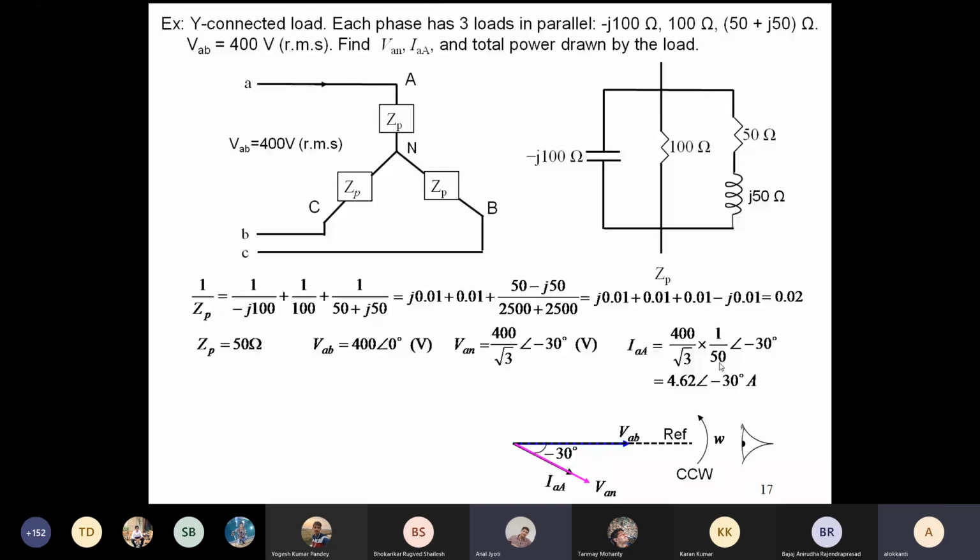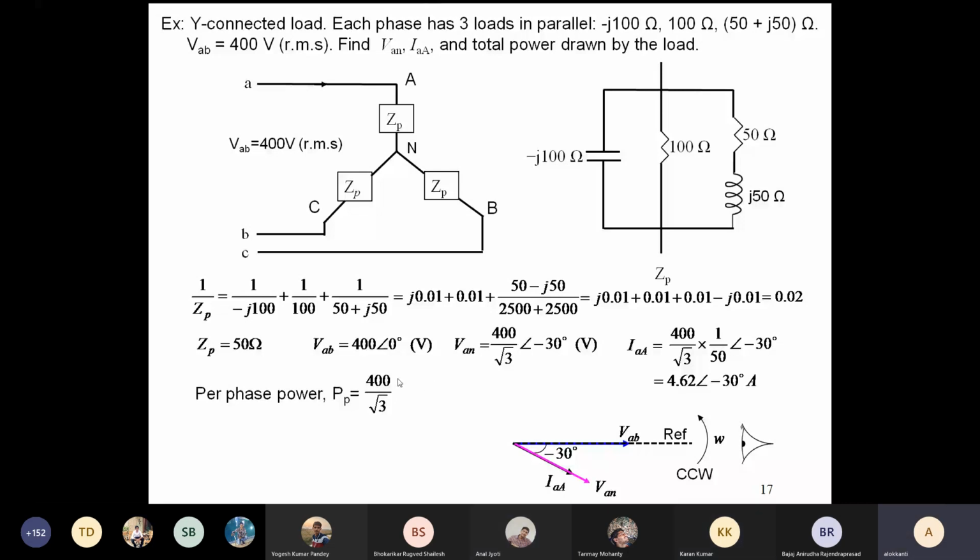So what is the phase wise power expression? Per phase power is VRMS into IRMS, 3,200 by 3. So per phase power is 3200 by 3. What is the power expression? We are doing AC, so VL IL cos theta minus phi, because we are doing per phase.